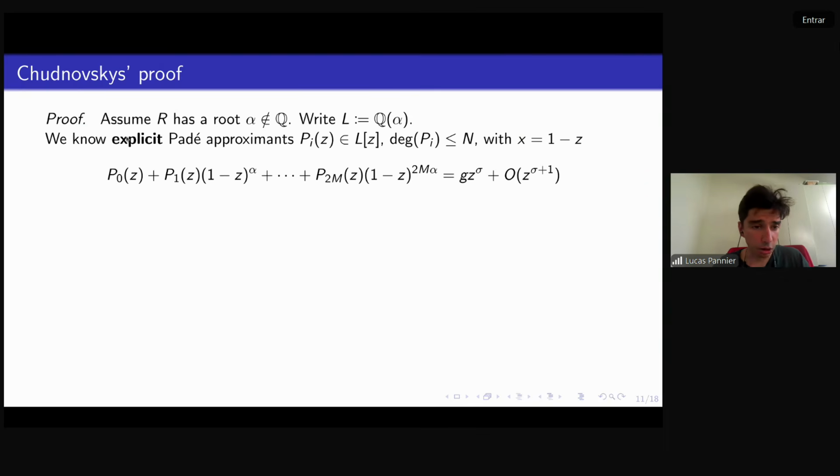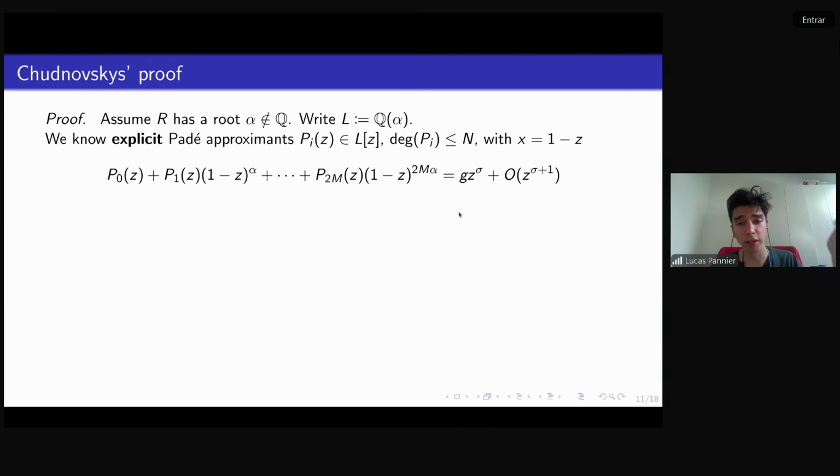And then we know, thanks to Mahler, explicit Padé approximants P_i(z) with bounded degree to the function (1 minus z) to the alpha. As we have assumed that alpha is not rational, we know that this (1 minus z) to the alpha is algebraic if and only if alpha is rational. And so here we know it is transcendental. So we should not be able to obtain 0 on the right-hand side here for any value of n and any value of m, which is the number of functions we approximate.